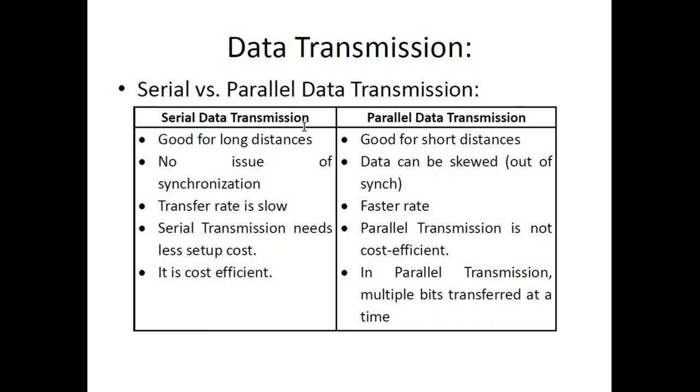Serial transmission is good for long distance, whereas parallel transmission is good for short distance. In serial transmission there is no issue of synchronization, whereas in parallel transmission data can be skewed.